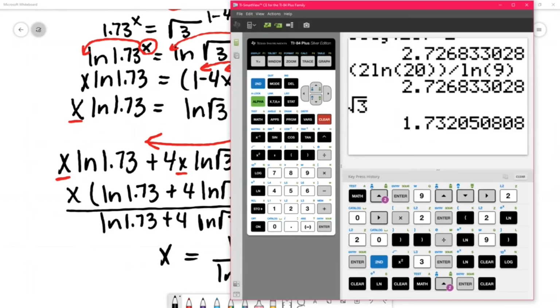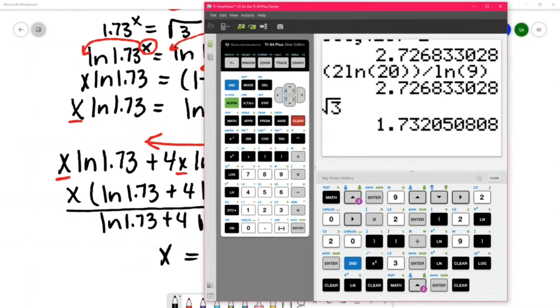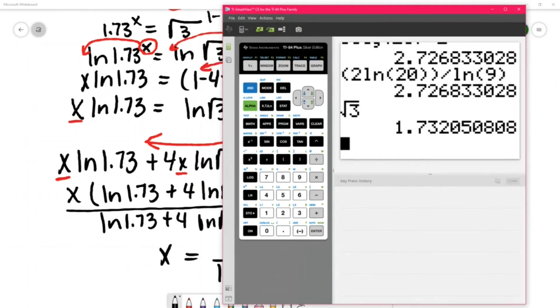So let's type this expression into our calculator. Let me clear this out so you can see the buttons that I'm typing.